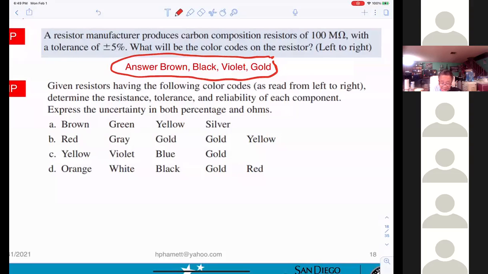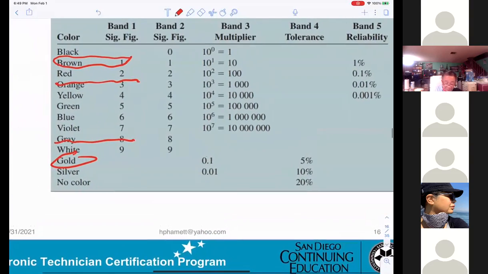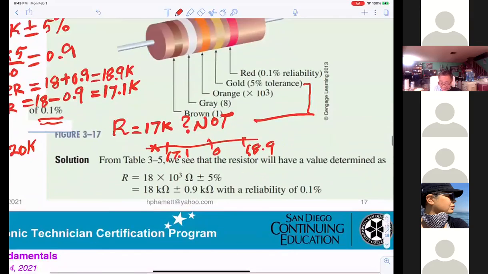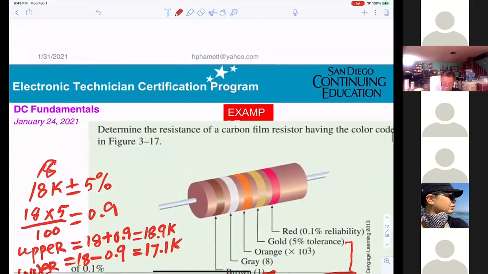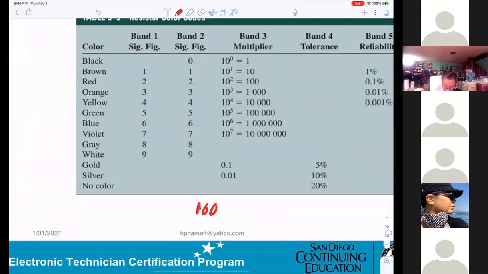Can you get the number? Can you get that answer? No, go into the table. Okay, now the fourth one, they say 100 what? 100 mega ohm. 10^7, 100 mega ohm.